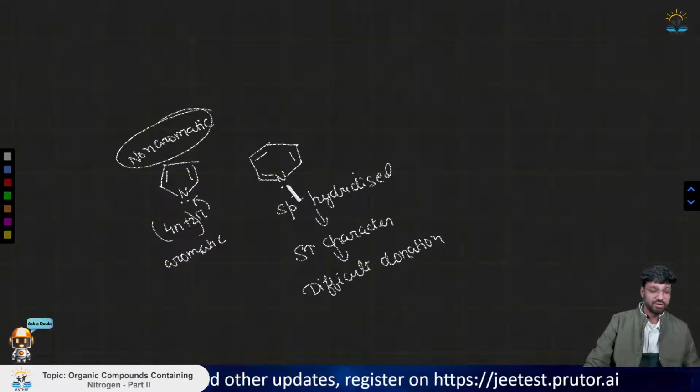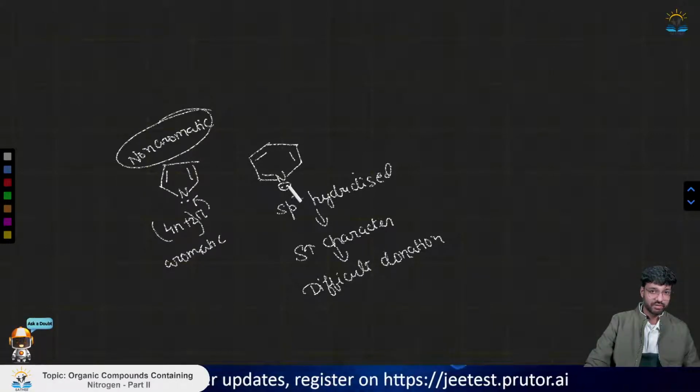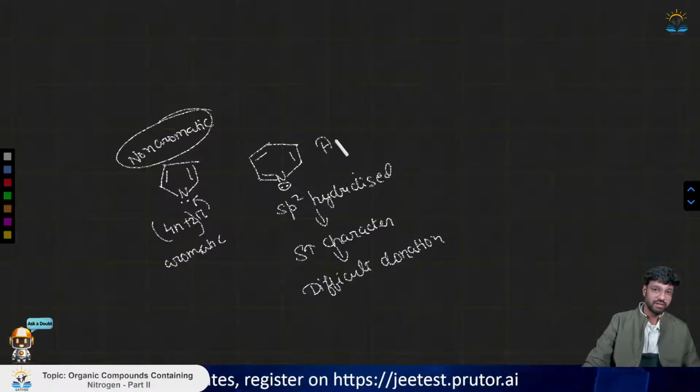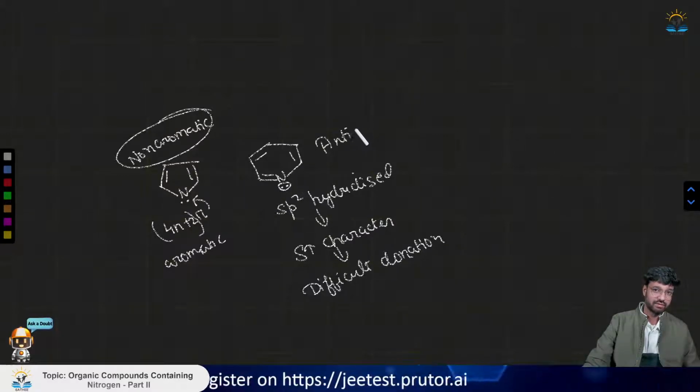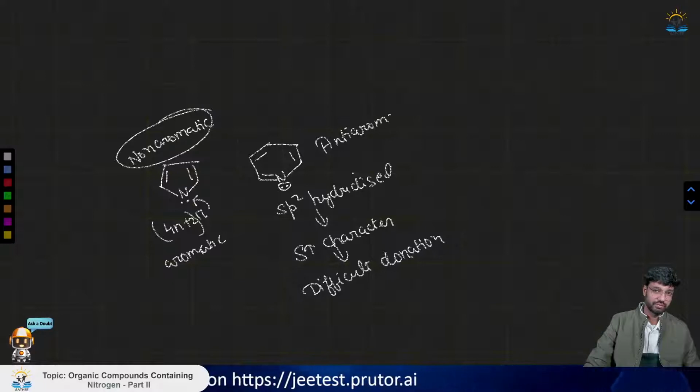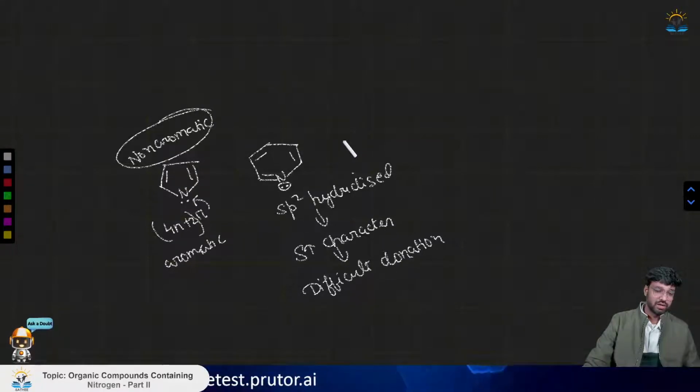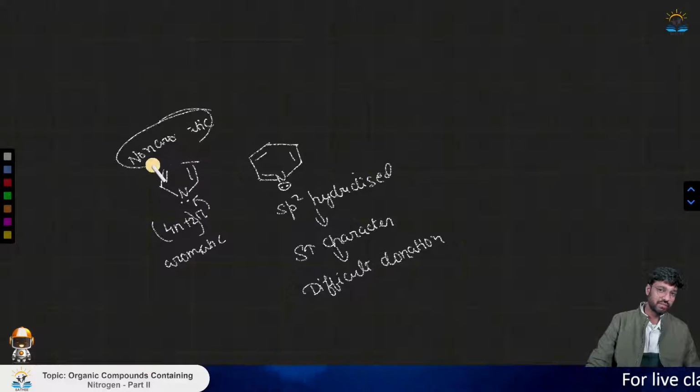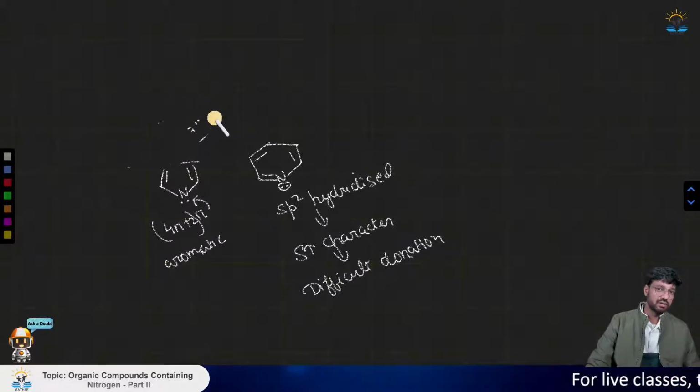For that reason we are not considering this lone pair, because if we did, it would be anti-aromatic. So we do not consider this lone pair as part of the conjugation of this ring. Similarly, we have to consider this lone pair as part of the conjugation of this ring.